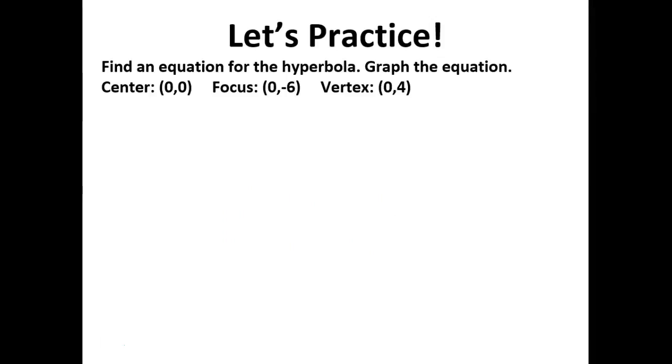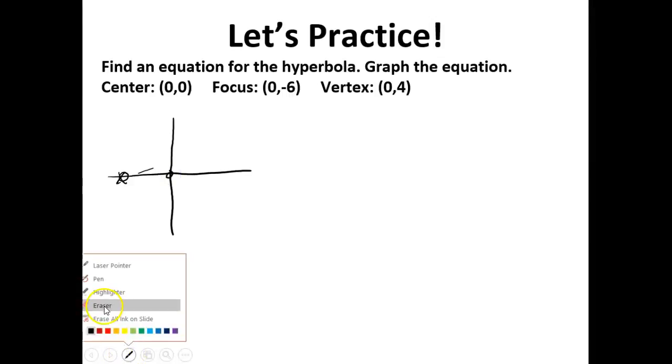Should we try it one more time? So find the equation of the hyperbola. Here, if I put this information down, our center is at 0, 0. Our focus is at 0, negative 6. Why don't I just erase that so there's not confusion.